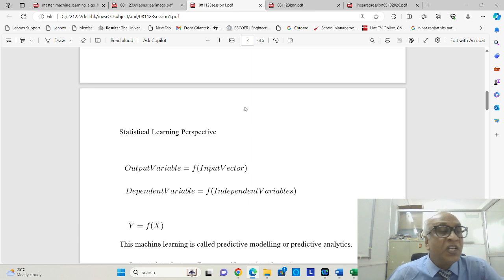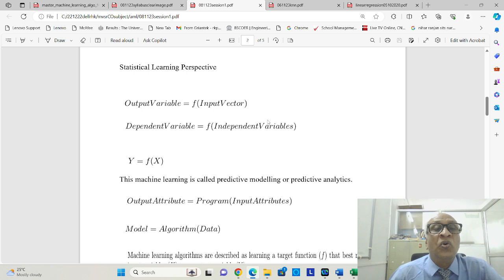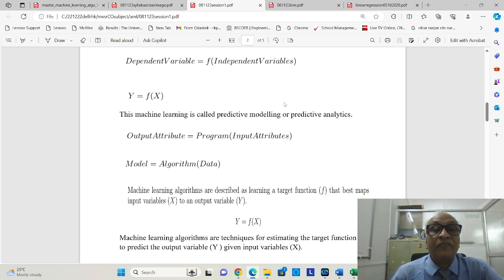Whenever we are speaking about machine learning algorithms, they have a statistical learning perspective. What is that? You have an output variable which needs to be predicted, and there is a function which will be operating on the input vector. The output variable which needs to be predicted can be called a dependent variable, and the input vector can be called an independent variable.